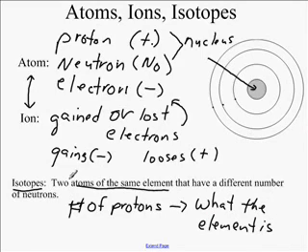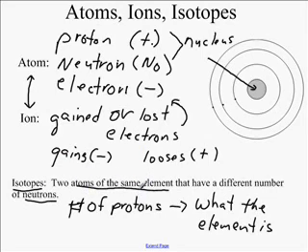However, neutrons, on the other hand, can be different in an atom. Both of those are composed in the nucleus that's up here. So an oxygen atom may have 8 protons, but it may have 8 neutrons, or it may have 10 neutrons. Those two atoms would be considered isotopes because they're still the same element.